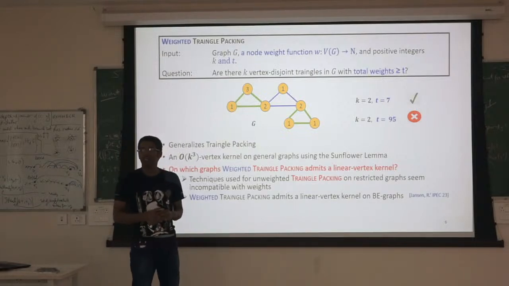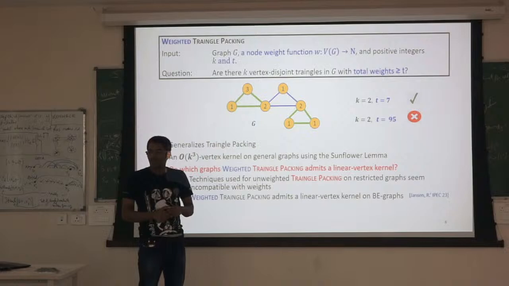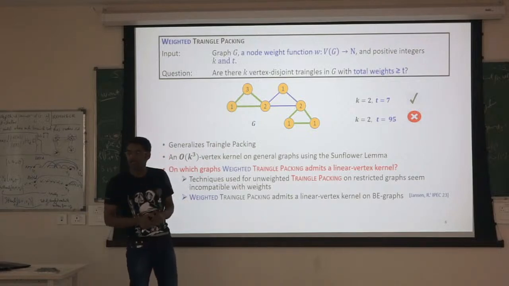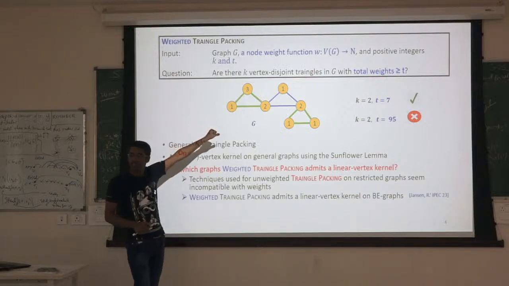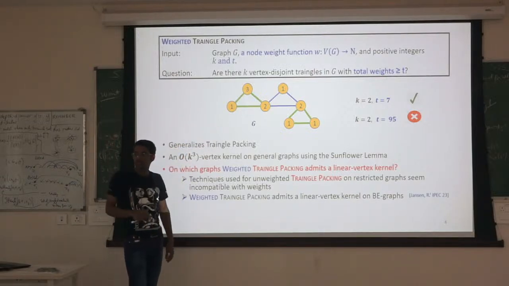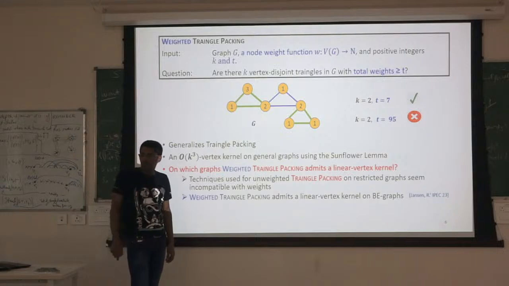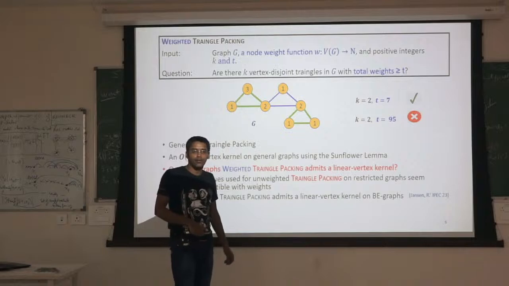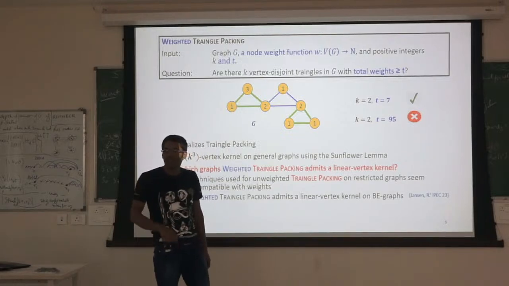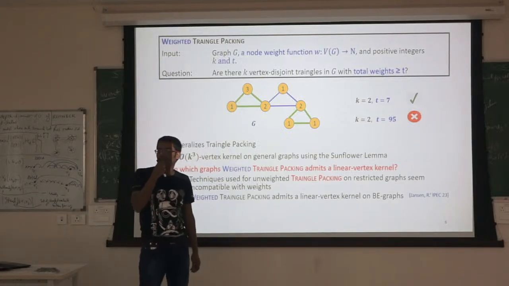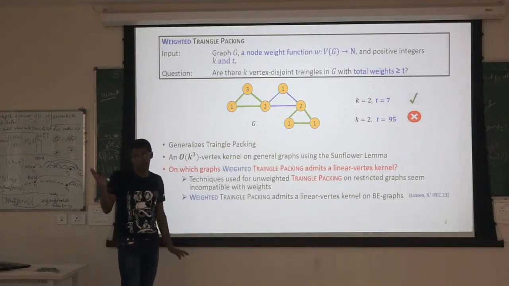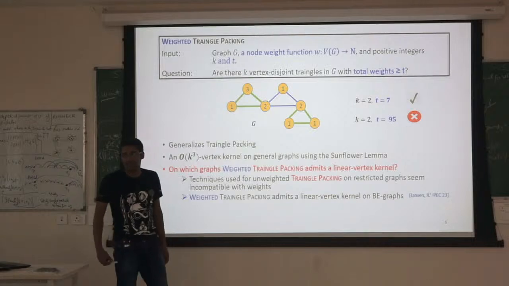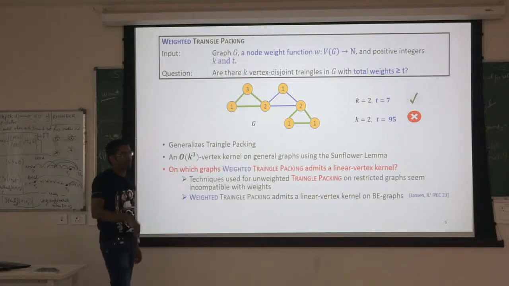So probably it will fall into the min-max thing, but okay. I don't know immediately. So you want to ensure that you still pack k triangles, but the weight should not go too high. Yes, like minimization versus maximum. If you negate all the weights, yeah, I was thinking about that, and try to find the things. Probably that kind of argument should work. I think the sunflower lemma works.